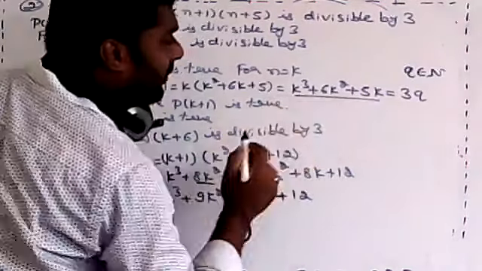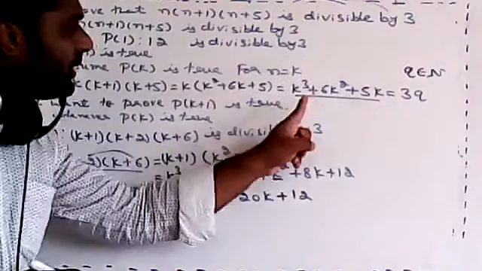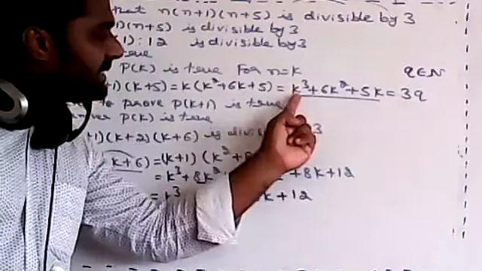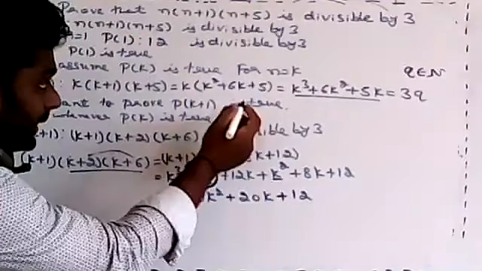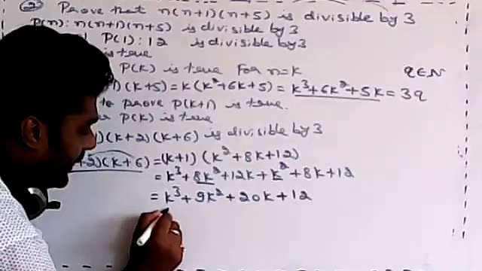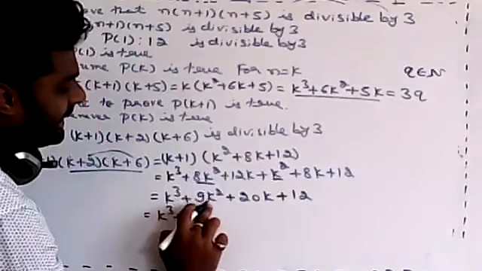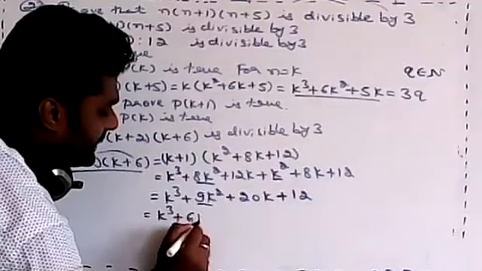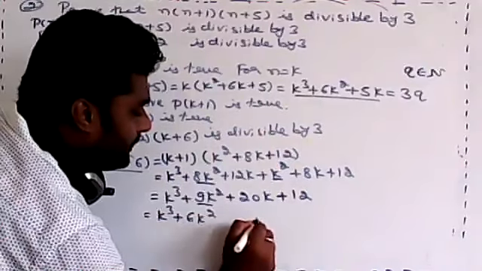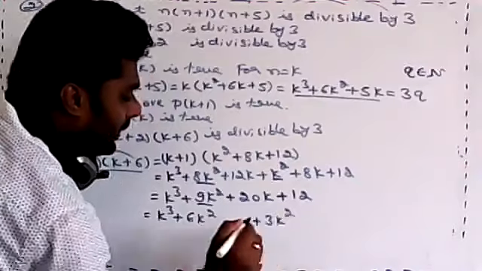Now we move on to P of k. P of k, what is there? When it is 3 cube, it is k cube plus 6k square plus 5k. Correct or not? So I'm rewriting like this only. See, k cube plus 9k square is there. This 9k square I'm writing as 6k square plus 3k square. Clear?